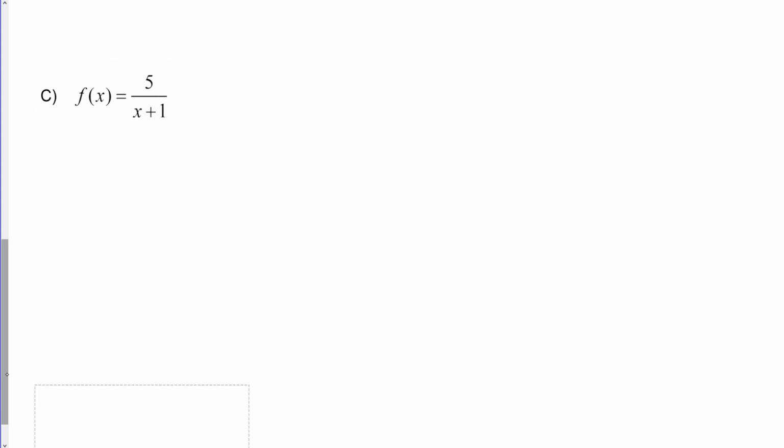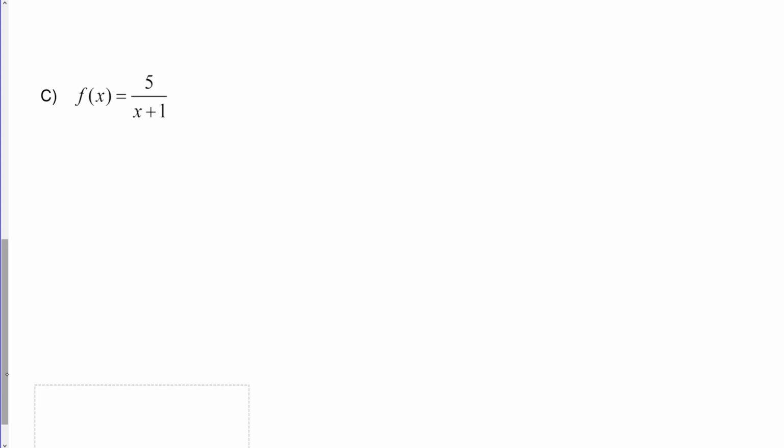Next up, f of x equals 5 divided by x plus 1. Well, one thing that we're looking for with problems in the domain are points where division by 0 could occur. And clearly we have a point where division by 0 occurs with x equals -1. And that is not a shared factor in the numerator and denominator.